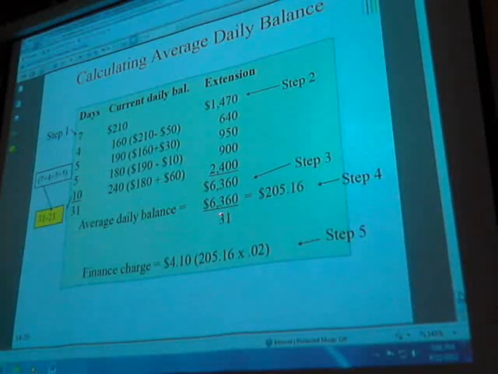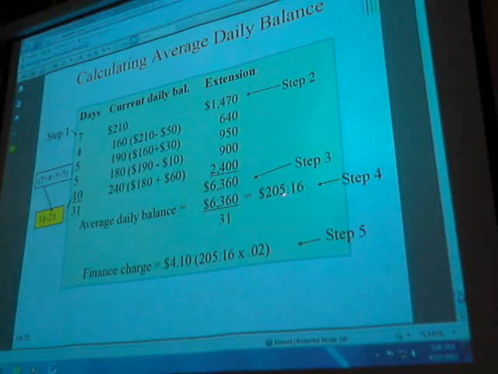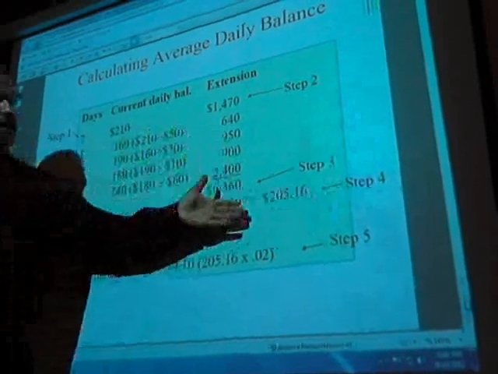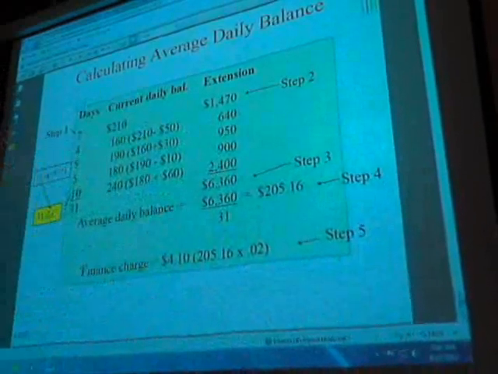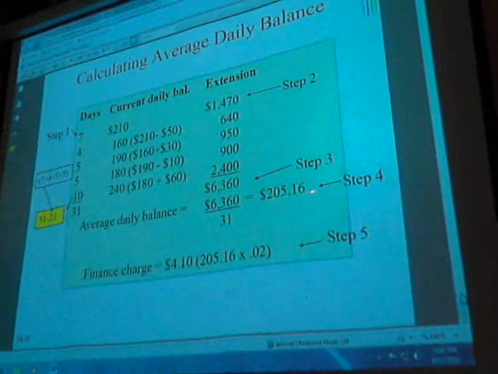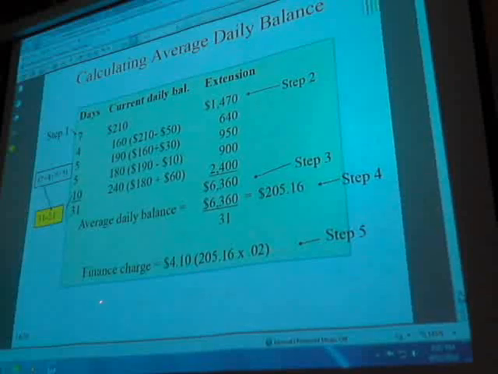Now take a close look. The average daily balance, which means your balance on any given day of that 30-day cycle, is on average $205.16. Do you see how we got that average? We did all these calculations to get it. Once you get that average daily balance, you might not be through. They might ask you, what is the finance charge for that month?